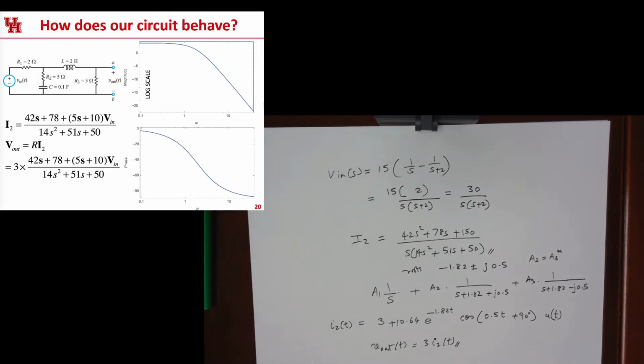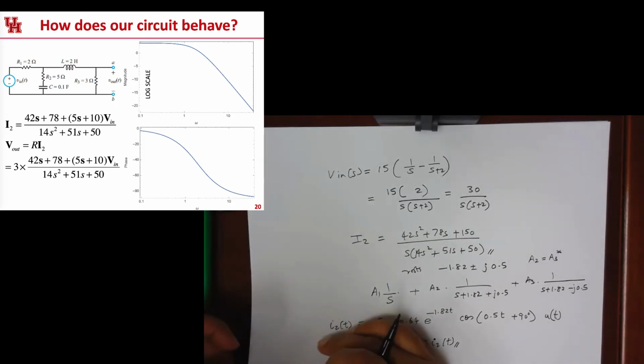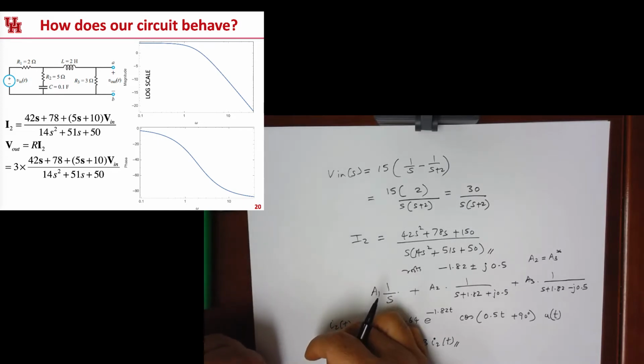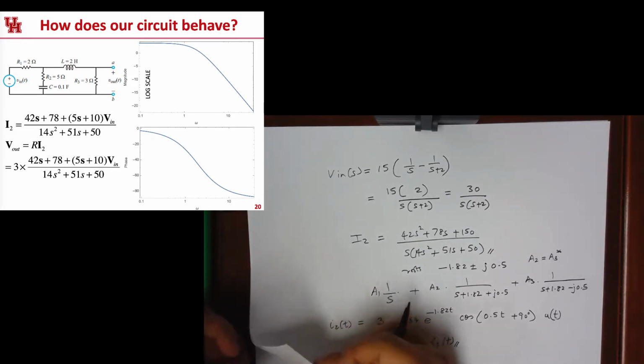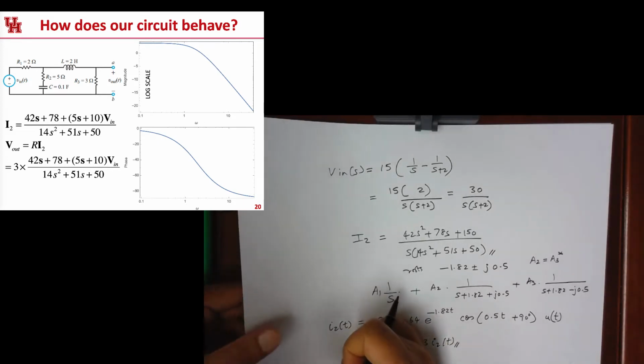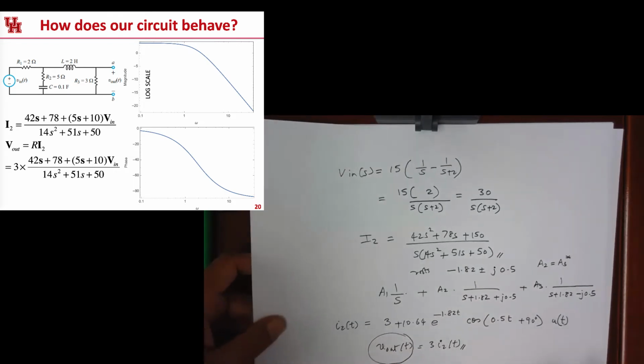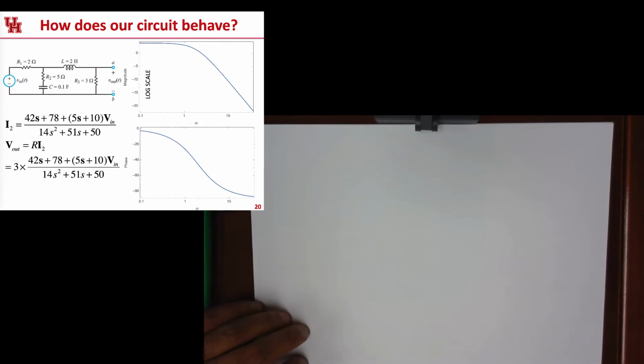By the way, before we get much further, it's helpful to think a little bit about the behavior of this circuit. In other words, what happens to V out as the frequency changes? So let's think that through.